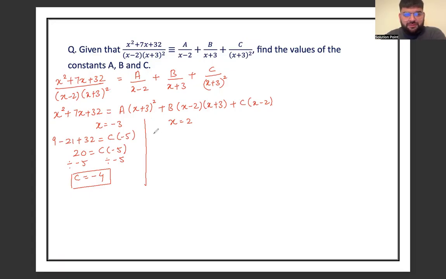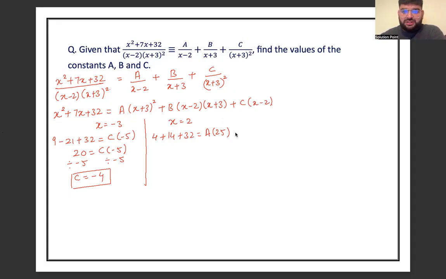2 squared is 4, plus 7 times 2 is 14, plus 32, equals A times 2 plus 3, which is 5, and 5 squared is 25, plus, if you put x as 2 here, 2 minus 2 is 0 and 0 times anything is 0. Similarly, C times 2 minus 2 is 0, so 0 times C is 0.